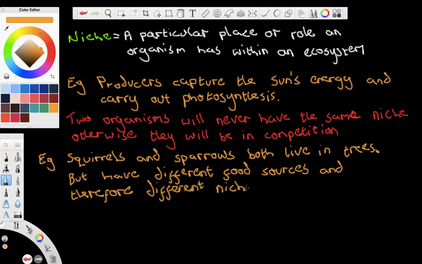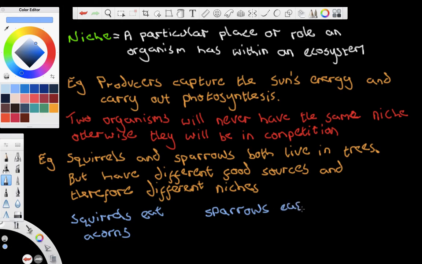And we can just put at the bottom somewhere, squirrels eat acorns and sparrows eat insects. Insects is one word, isn't it?